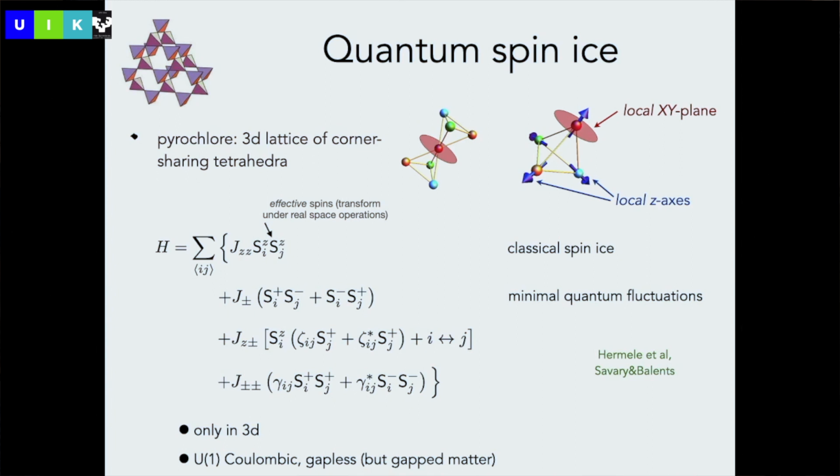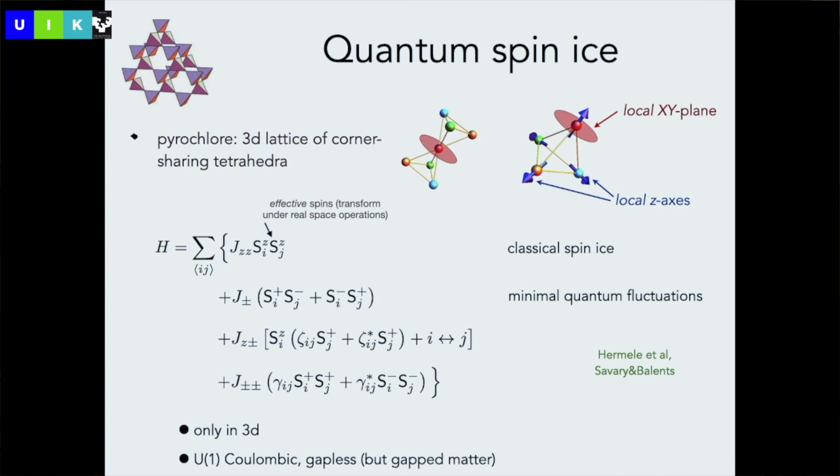The spins that I've written here are expressed in local bases. The local z-axis is the axis which connects the centers of the tetrahedra. This is important if you want to apply this model as a good, symmetry-allowed Hamiltonian in materials that have essentially cubic symmetry.